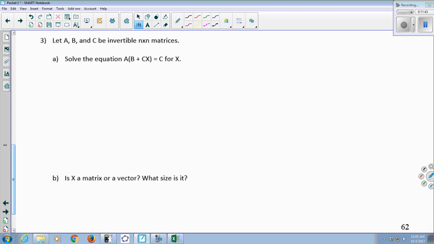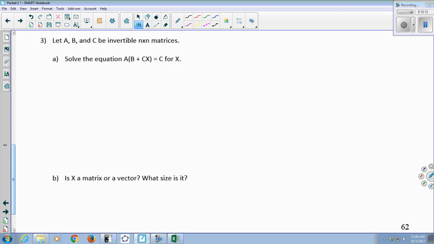So what do you want to do first? You can use the rules of matrix arithmetic. You can use inverses. Goal: get X by itself. Just move stuff around to get X by itself.